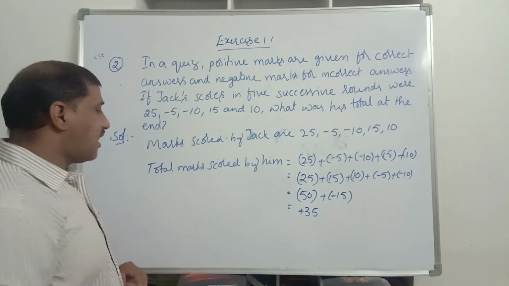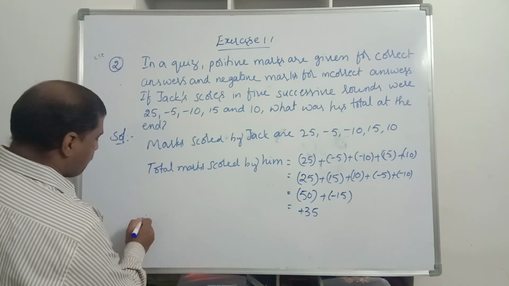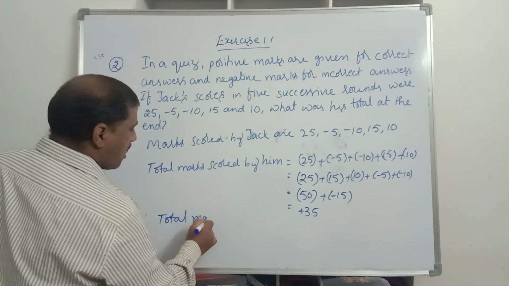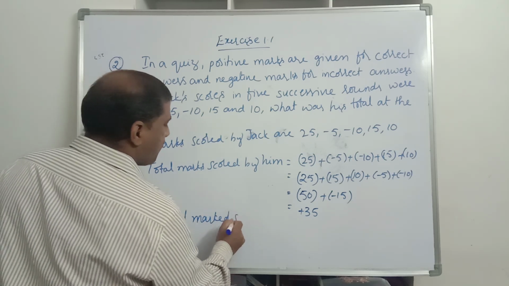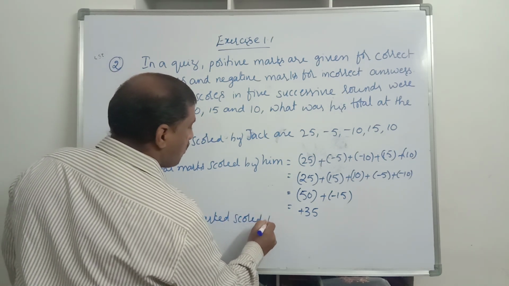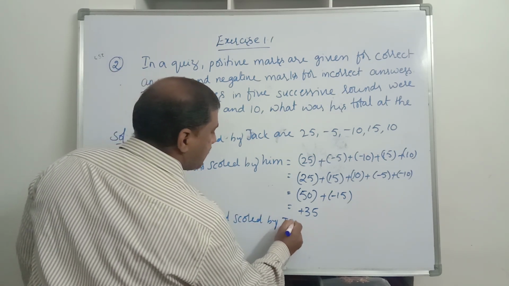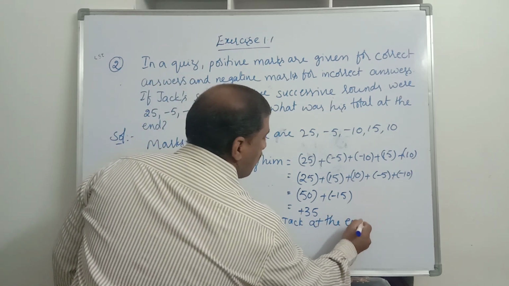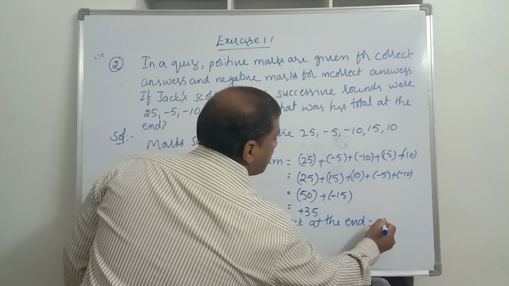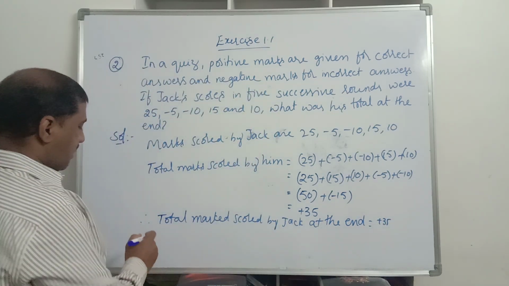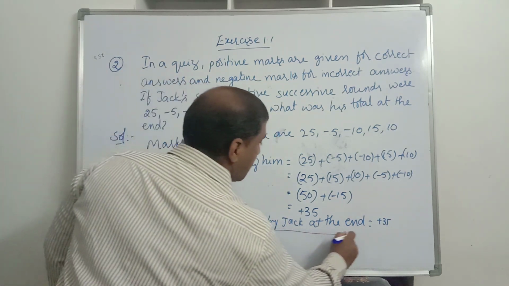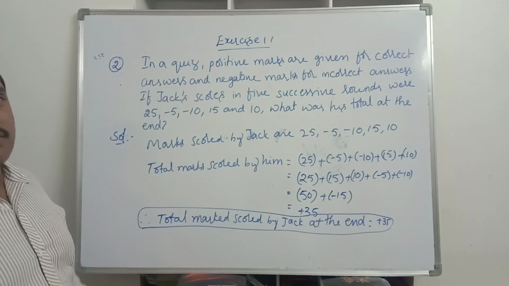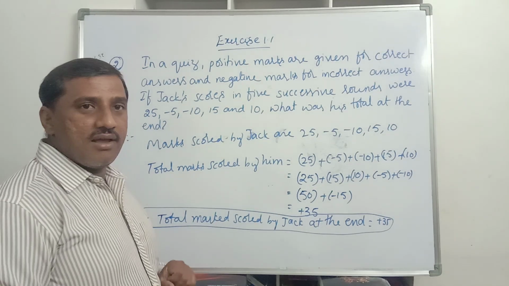Like this we can find the total marks scored by Jock at the end, which is plus 35. Plus 35 marks he scored. Is it clear, children? How to find the total marks? Yes.